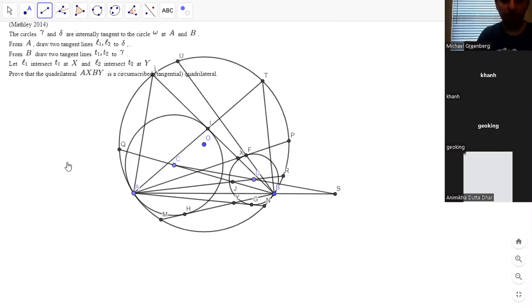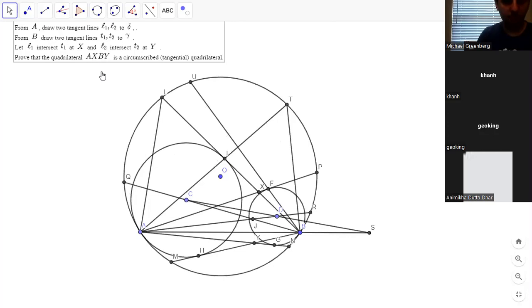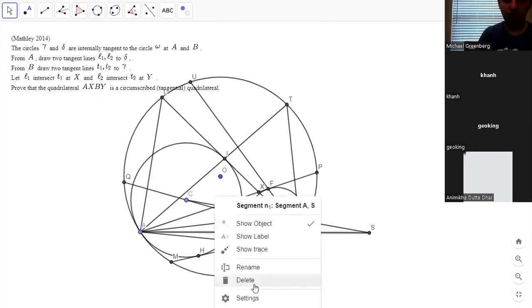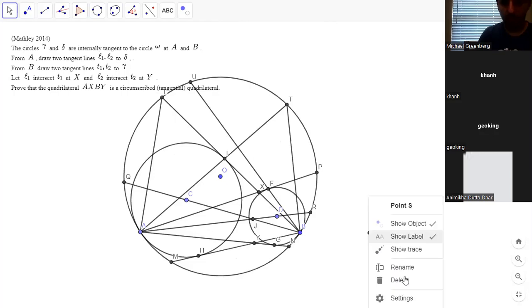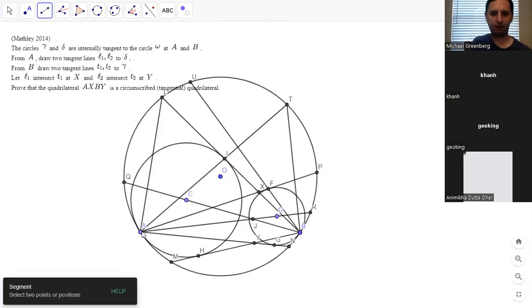Yeah, I don't think we need point S, so I'm going to delete it for now. Well, actually, let me draw segment AB.